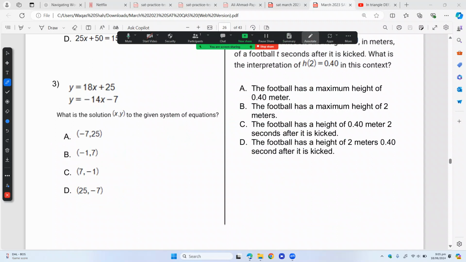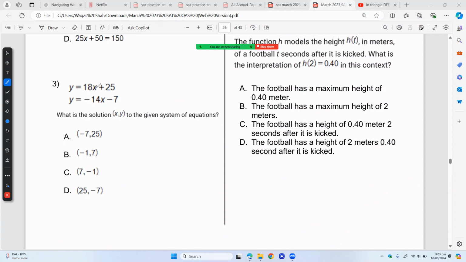In question number 3, a system of linear equations is given. The first equation is y is equal to 18x plus 25, and the second one is y is equal to minus 14x minus 7. These are two linear equations, called a system of simultaneous linear equations. We can use the elimination method by subtracting the second equation from the first one, changing the sign since we are subtracting.